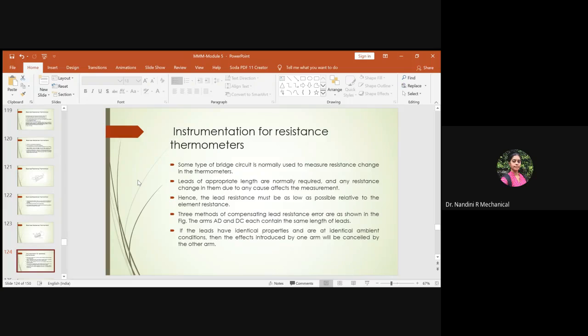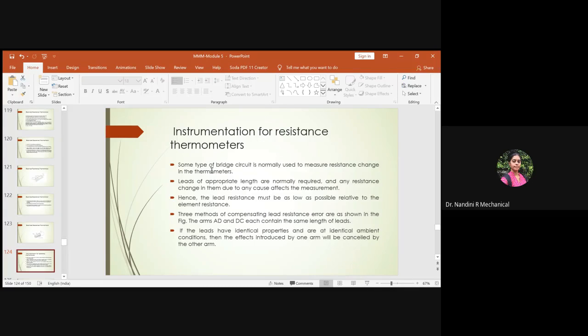In the case of the Wheatstone bridge, during strain gauge, we studied that if you have 4 resistors in the Wheatstone bridge, R3 and R4 will be kept and R1 and R2 will be removed and replaced by the strain gauges. Out of those, one will be the gauge material which has to be measured and the other one will be the unstrained material. But how do you connect these strain gauges to the Wheatstone bridge? We connect them with the help of lead wires only.